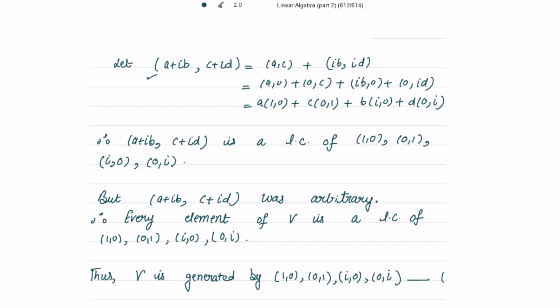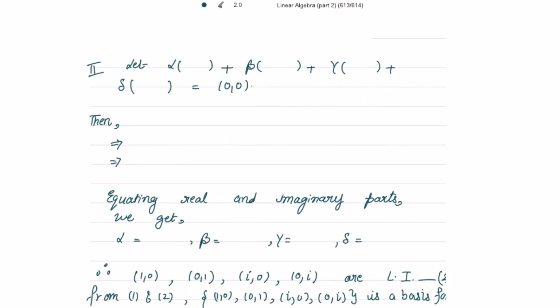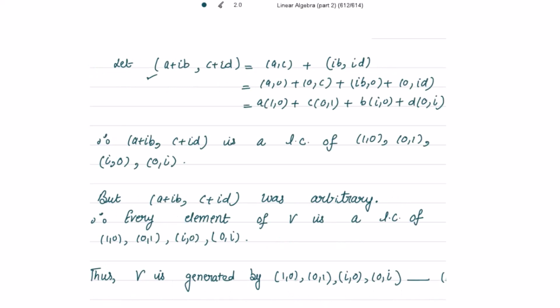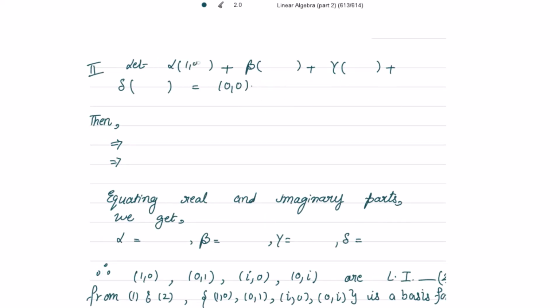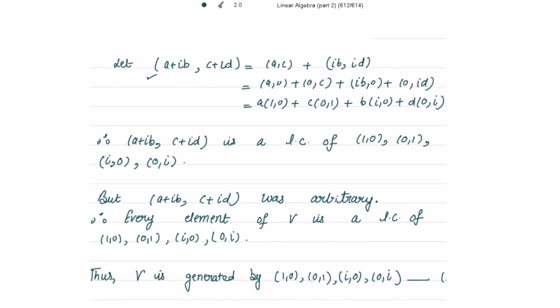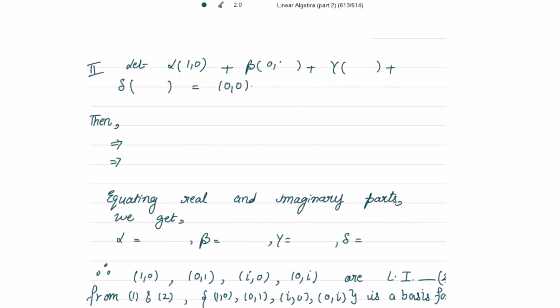Now I have to prove that these are linearly independent. So secondly, let me take my scalars to be alpha, beta, gamma, delta respectively: alpha for (1, 0), beta for (0, 1), gamma for (i, 0), and delta for (0, i), and this is equal to (0, 0), right?